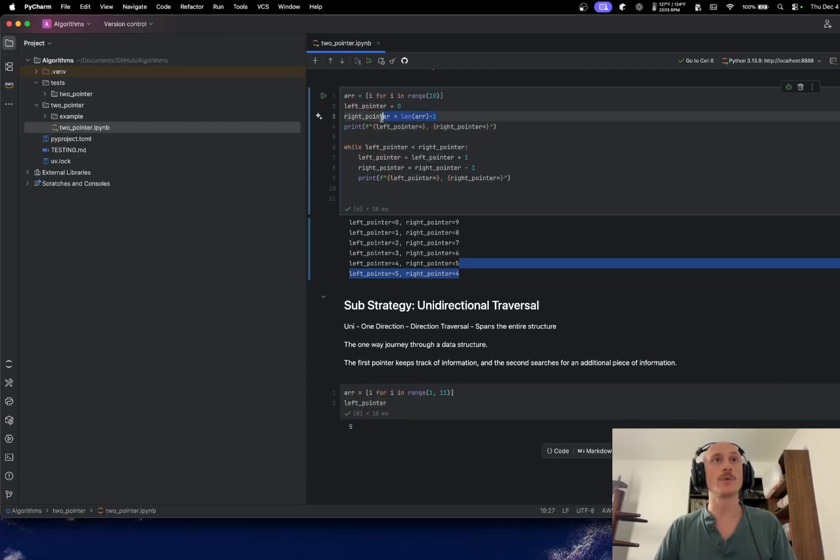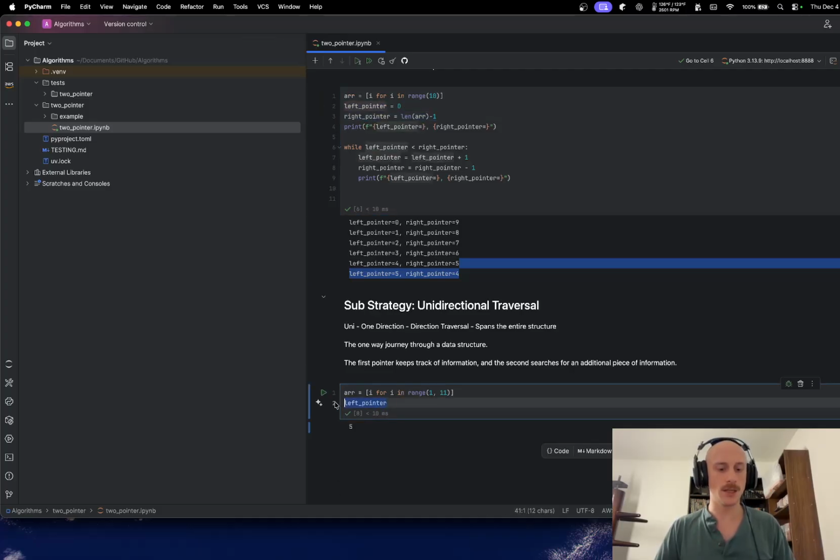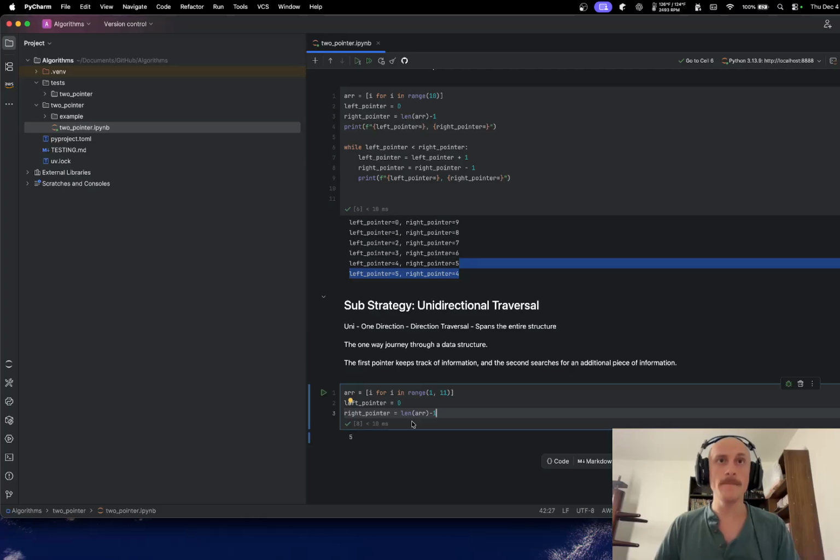Now, luckily, since we're reusing the names, we can select this and set it here. One of the things about this: the first pointer and the second search, and since we're only ever going in one direction, this should also start at 0. So our left and right pointers are now both starting at 0.